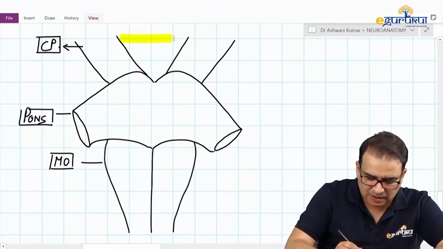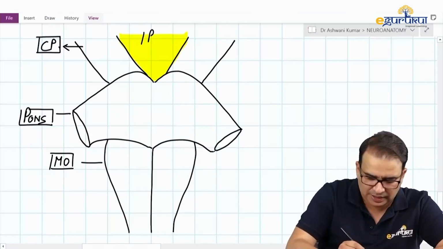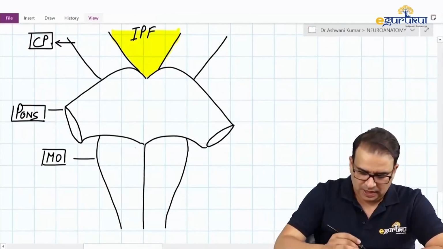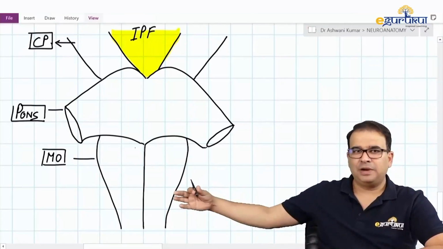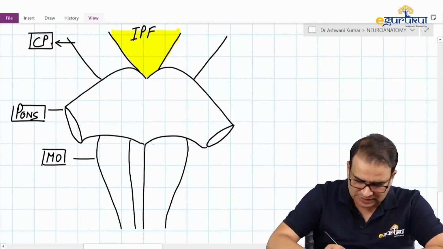Between the two cerebral peduncles, this fossa here is called the interpeduncular fossa. This is what we got to discuss, but we'll be discussing it separately. I'm writing interpeduncular fossa, IPF. And in the ventral part of the medulla oblongata, close to the midline, you will see these elevations which are called pyramids.